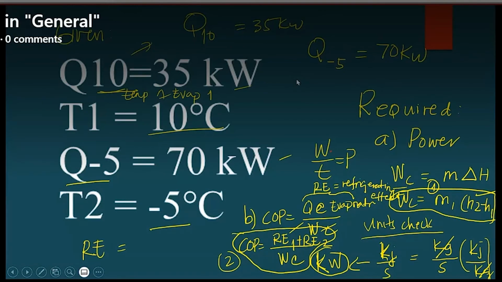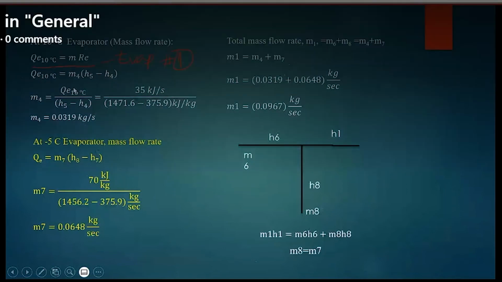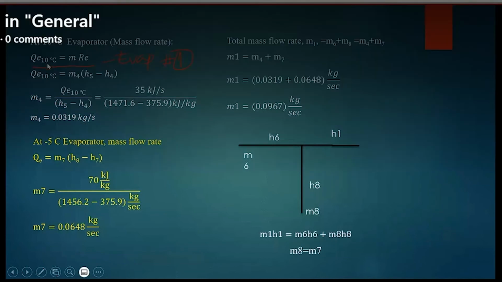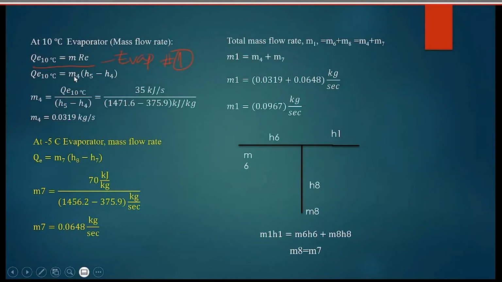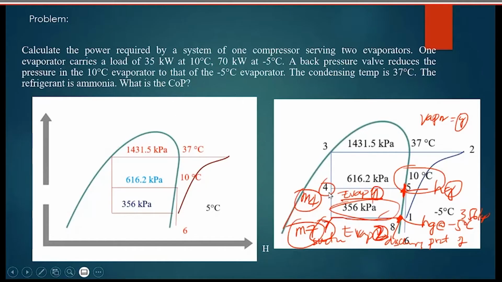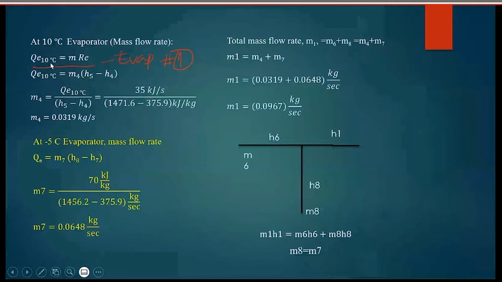So let us immediately go back to this, right? So here, the heat load at the evaporator at 10 degrees centigrade is MRE. Then the M, as I explained, is M4. Now look at this, M4, the mass of refrigerant coming into evaporator 1, which is at 10 degrees centigrade, is this MRE.